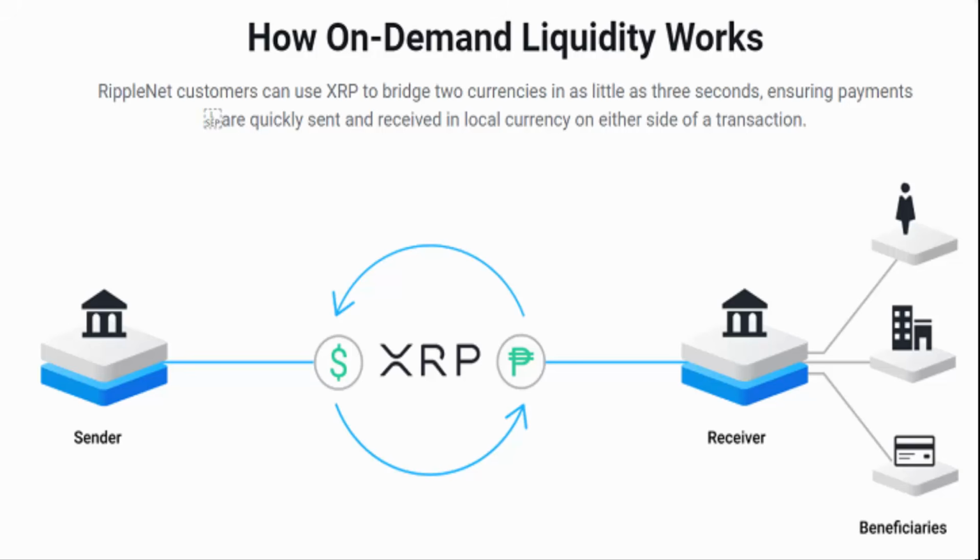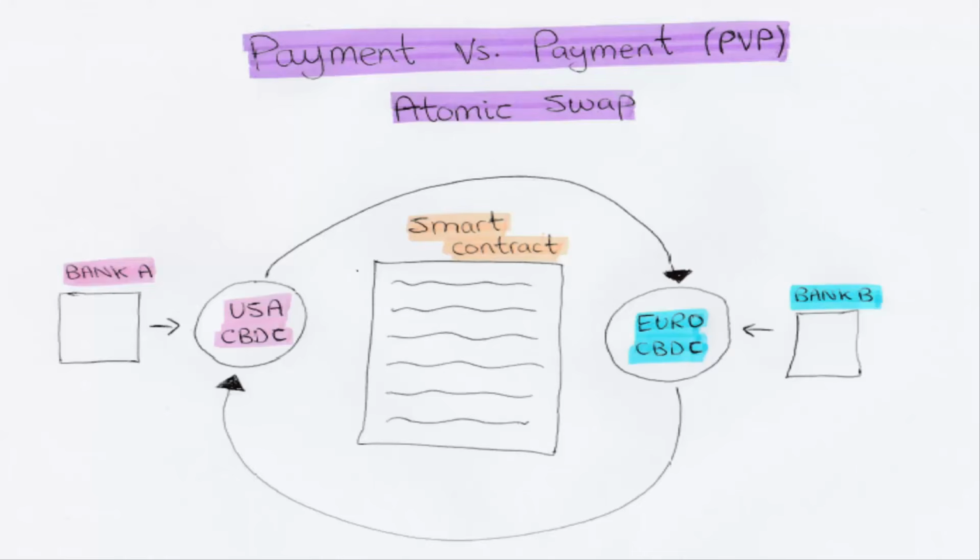So one CBDC would be converted into XRP, and XRP would then be converted into the next CBDC, and that's how it's done via the XRPL method when it comes to cross-border payments. However, with the payment versus payment method on mBridge, it's a direct swap between two CBDCs without a bridging asset.